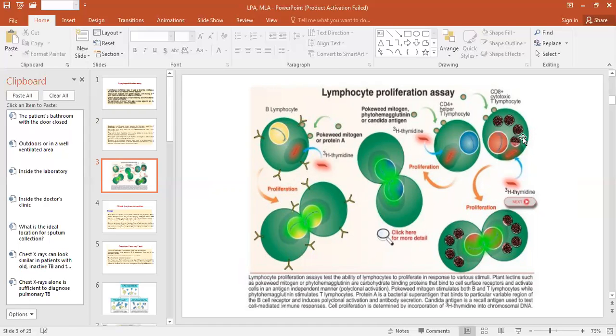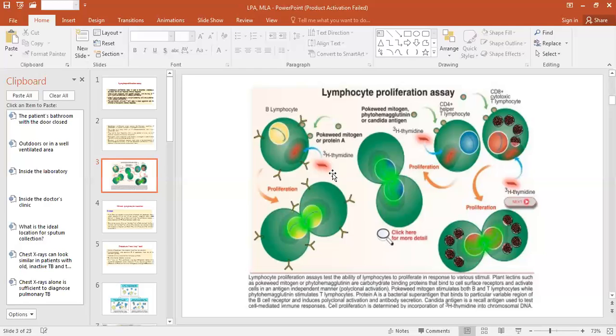When both the lymphocytes, B cells as well as T cells, are mixed with a radiolabeled thymidine, that is a tritium-tagged thymidine, a radioisotope-labeled DNA precursor. Thymidine is a nucleotide, so it acts as a nucleotide analog.